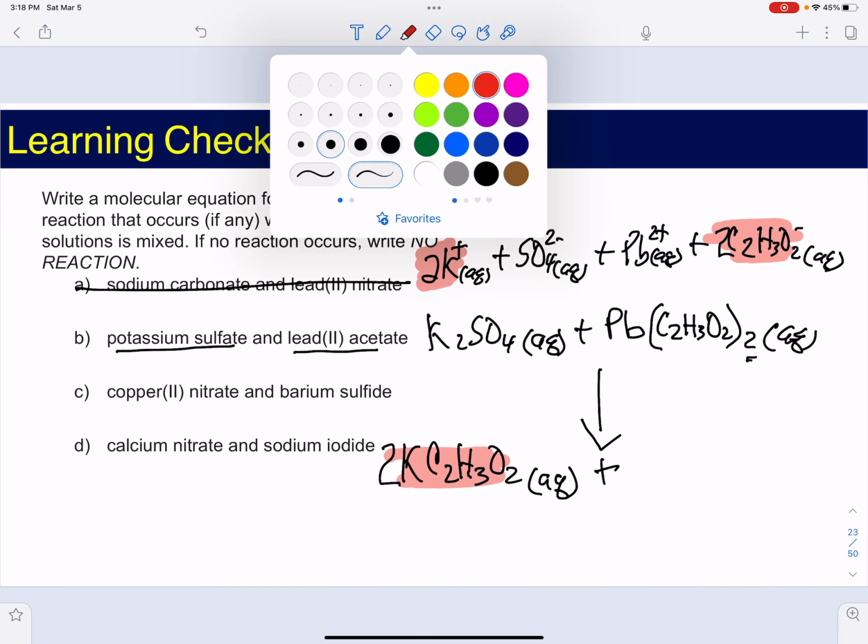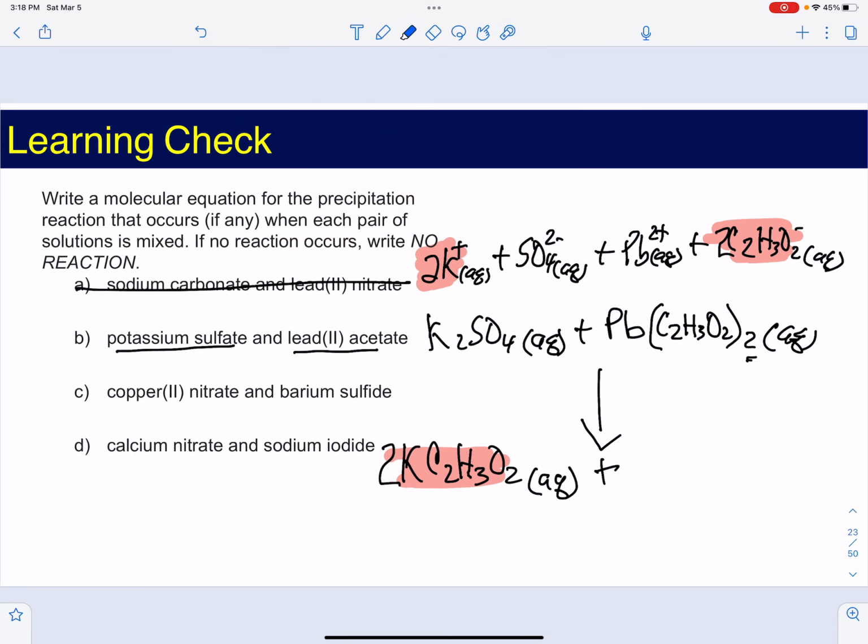What I have remaining now is going to be my lead 2 plus and my sulfate. So when those two combine, crisscross is going to give me just PbSO4, which according to the solubility table is going to be insoluble. So this is my precipitate. So that would be my precipitate.